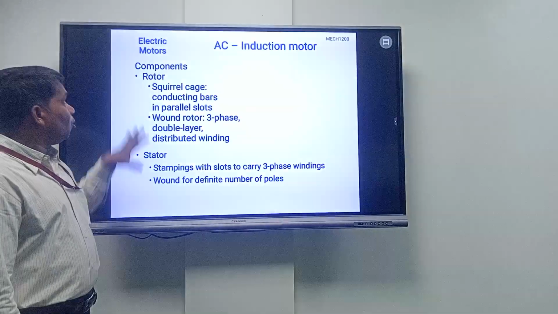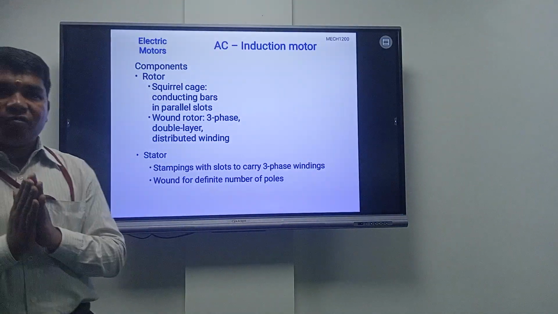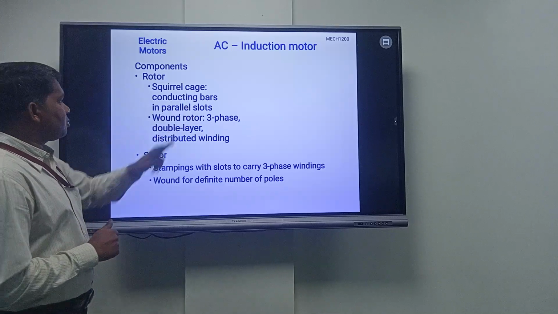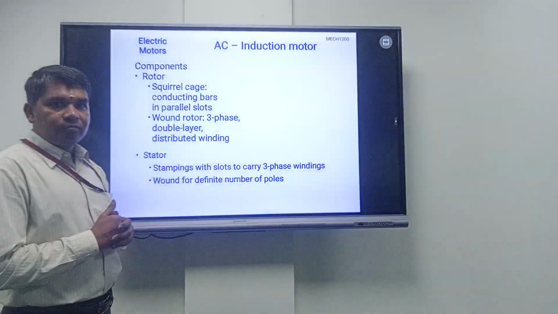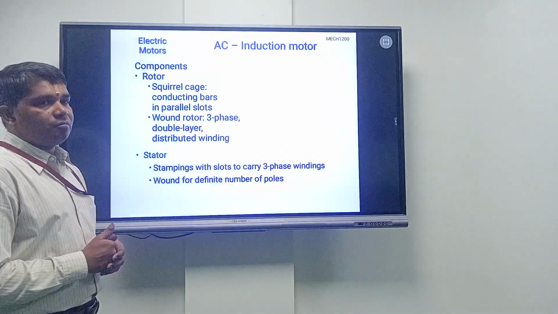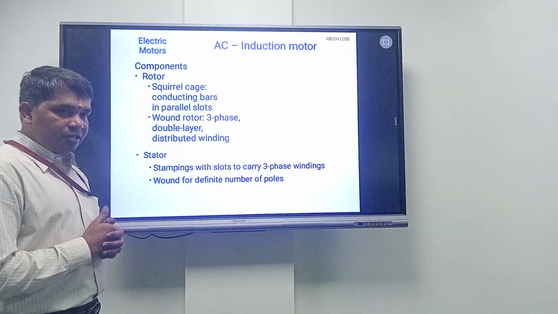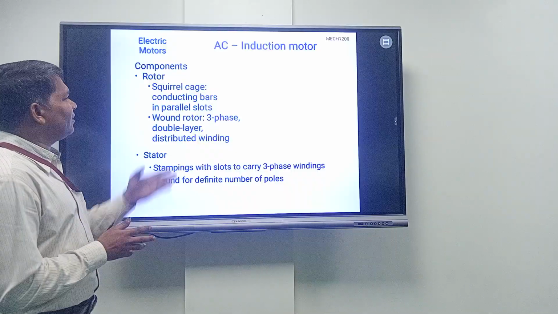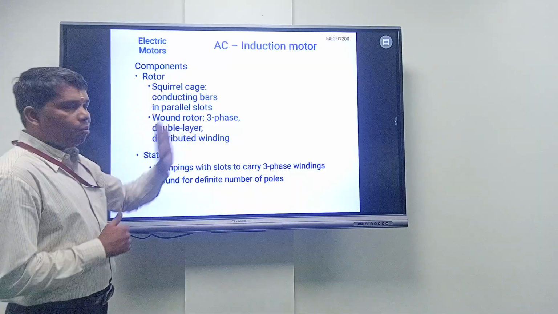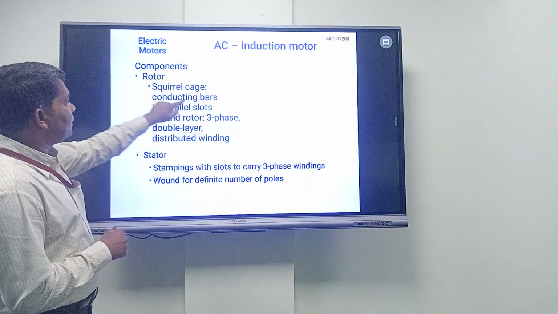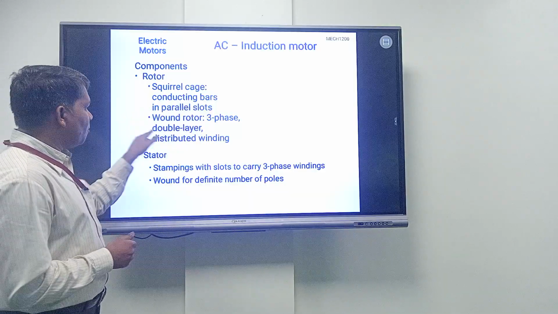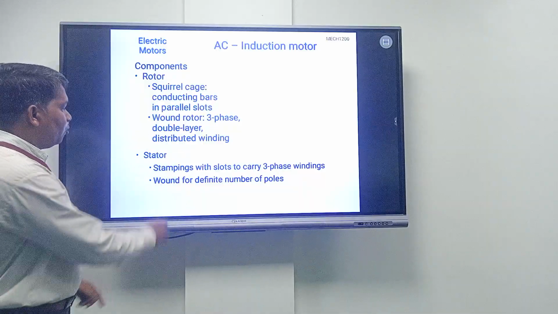But the rotor of the induction motor can have two different constructions. One is squirrel cage, another one is wound rotor. Based on rotor construction, the induction motor has two types. In squirrel cage, conducting bars are used in parallel slots, and in wound rotor, 3-phase double layer distributed winding will be used.